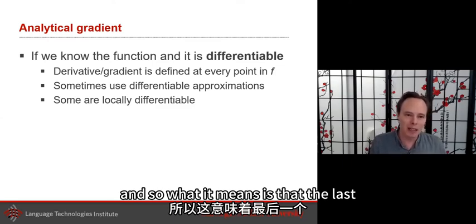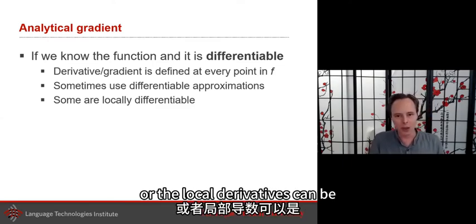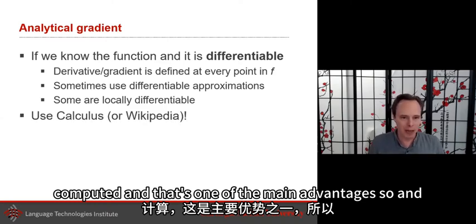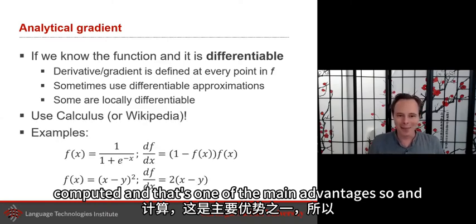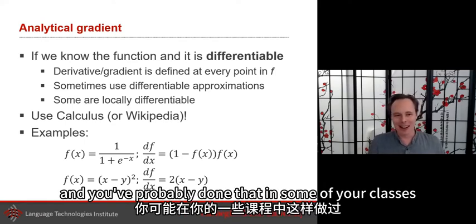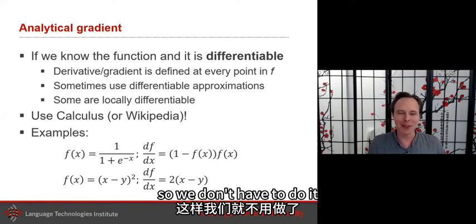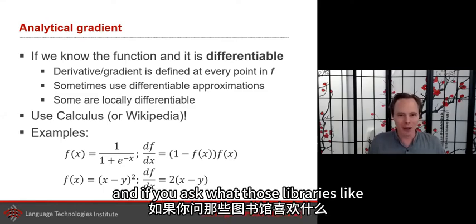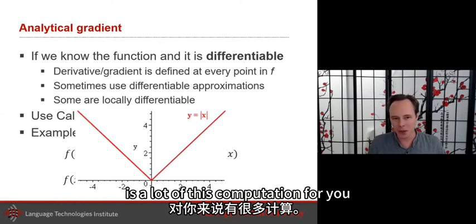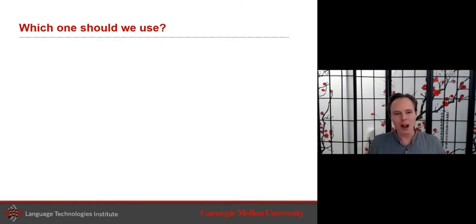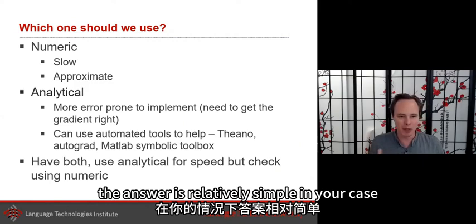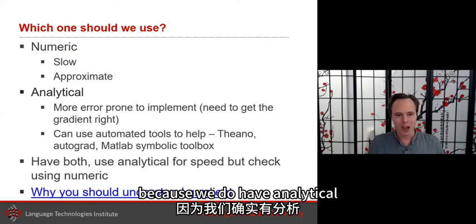What it means is that the loss or the local derivatives can be computed, and that's one of the main advantages. You will probably have done that as an exercise in some of your classes, so we don't have to do it. Libraries like PyTorch are doing a lot of this computation for you underneath. So which one should you use, numerical or analytical? The answer is relatively simple in our case, because we do have analytical.